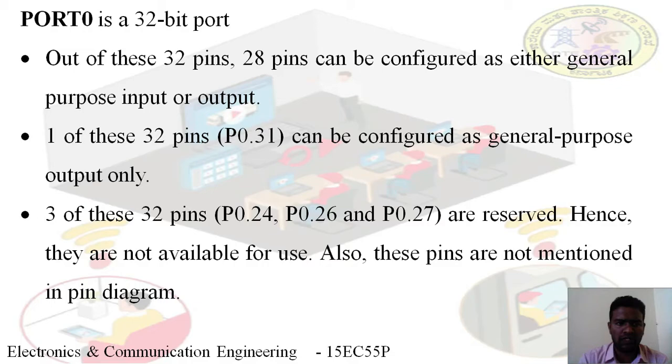Out of these 32 pins, 28 pins are configured as either general purpose input or output. One of these 32 pins, that is port 0 pin 31, can be configured as general purpose output only. Three of these 32 pins, that is port 0 pin numbers 24, 26 and 27, are reserved, hence they are not available for use. Also, these pins are not mentioned in the pin diagram.